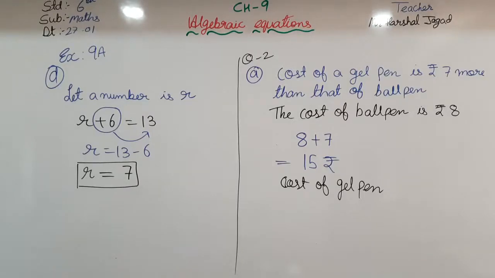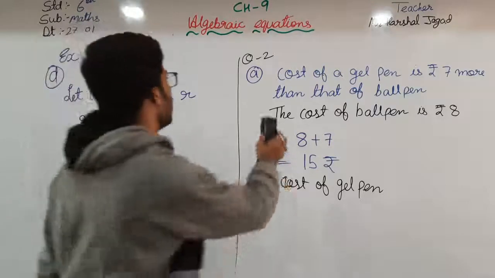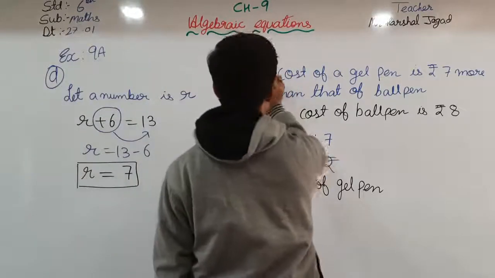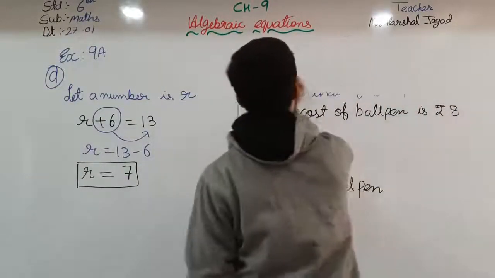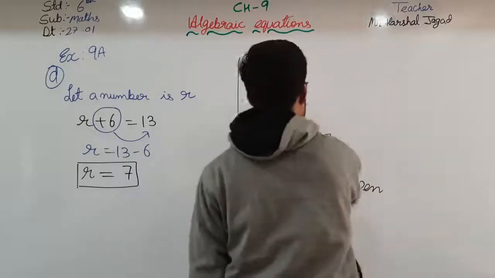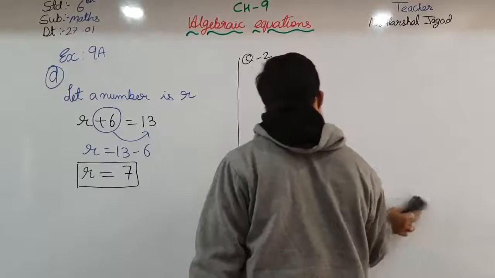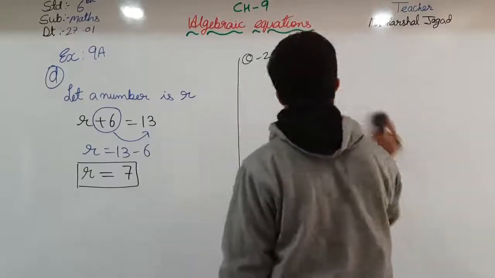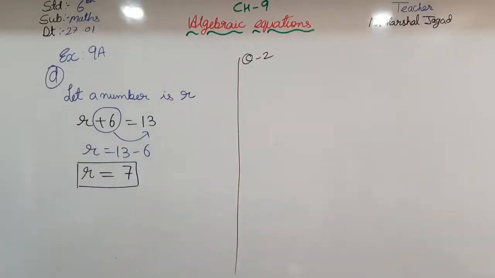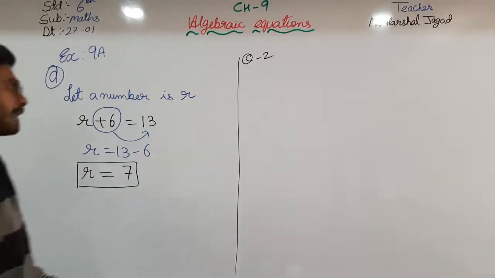I of question number 2. That is, 7 more than a number is 11.